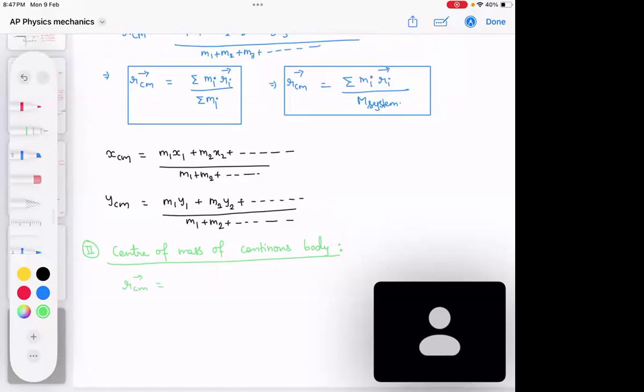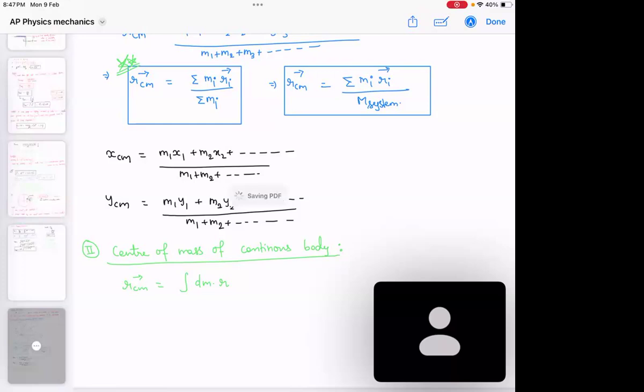Here you see this expression. Instead of writing summation, we will write integration of dm r. Understand? What did we do? A continuous body is broken into an infinite number of small bodies, small particles.